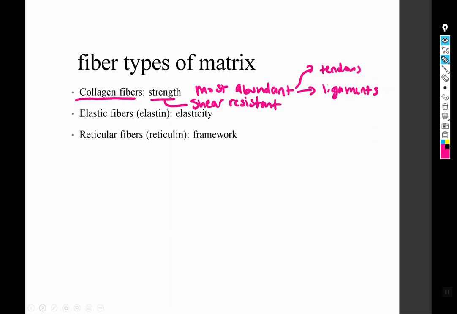Elastic fibers are made of elastin. So this is the protein that makes up elastic fibers. And this is elasticity or stretchiness. So if I want a tissue that I can pull on and it will go back to the shape that it was before I pulled on it, I can put elastic fibers in there and it's more likely to do that.